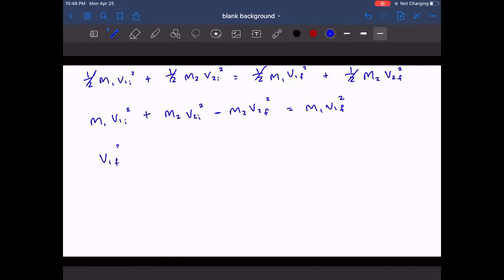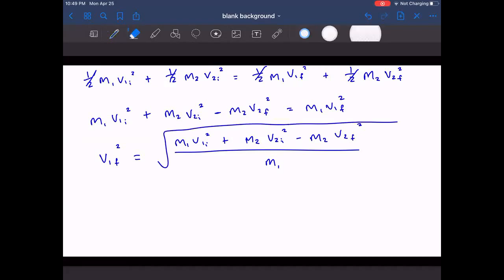You got this big old long thing. But I haven't done anything. This is just that divided by M1, like you just said. And then one more step. You have to get rid of the square, so you square root both sides. Both sides. Yes.